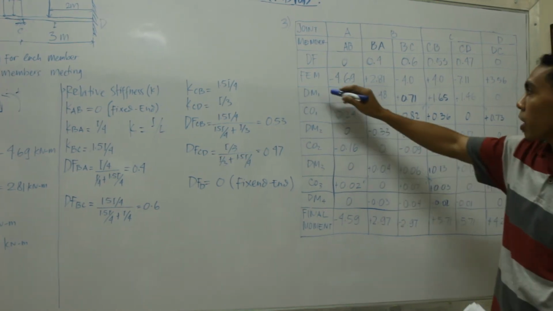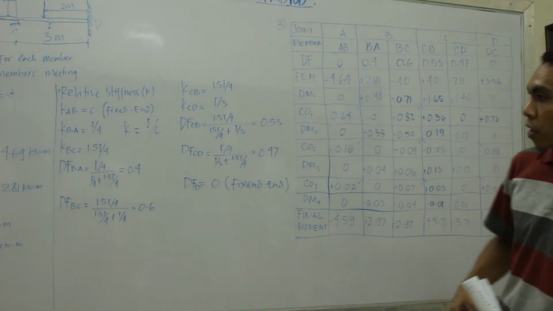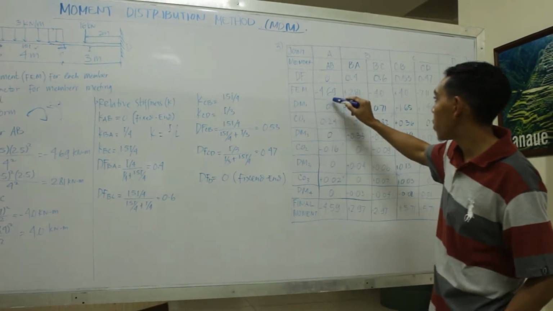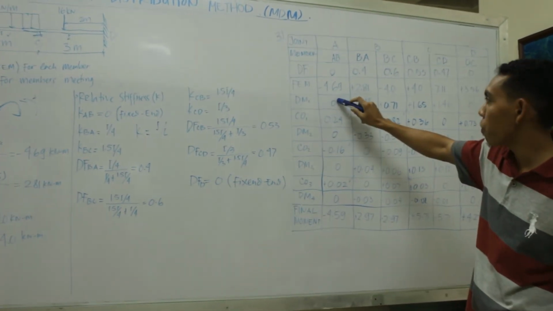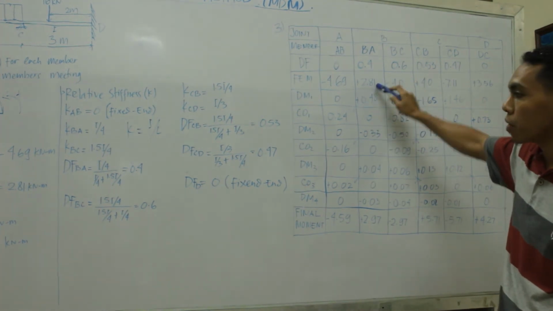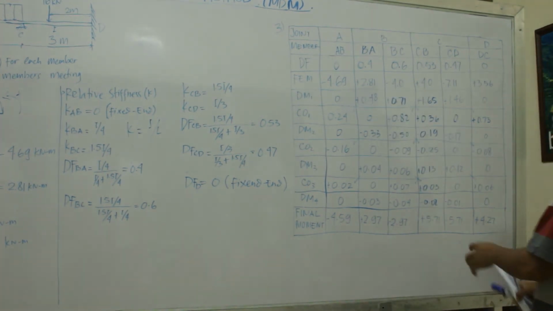And for the fixed end moments, we have calculated also here: moment for member AB, negative 4.69 kilonewton meter, and for member BA we have positive 2.81 kilonewton meter.